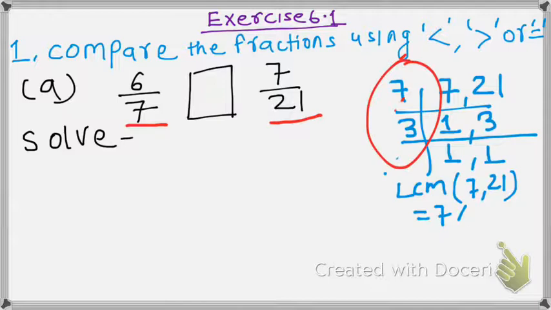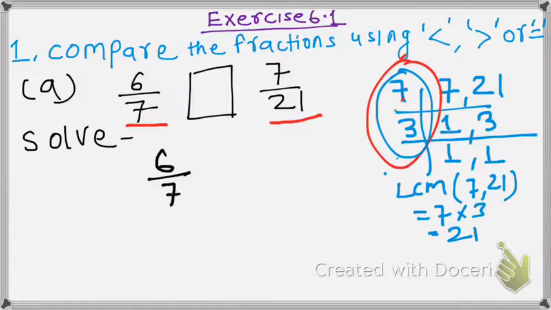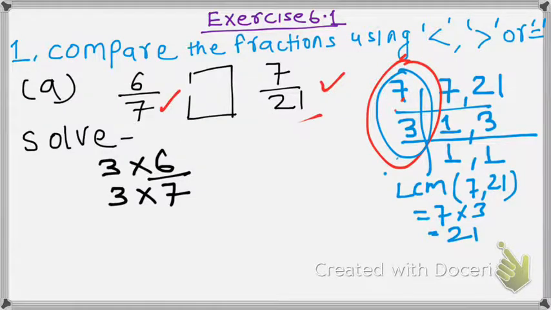So 7 into 3 is 21. Now we have to make the denominator 21. To make 7 into 21, we need to multiply it by 3, so we also need to multiply the numerator by 3.